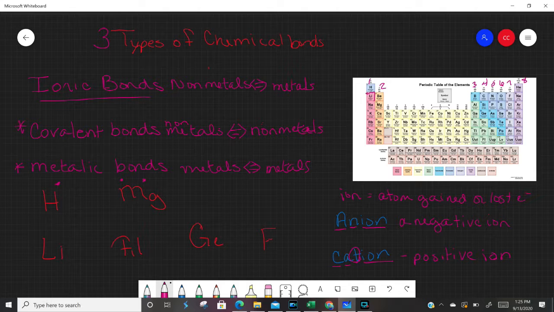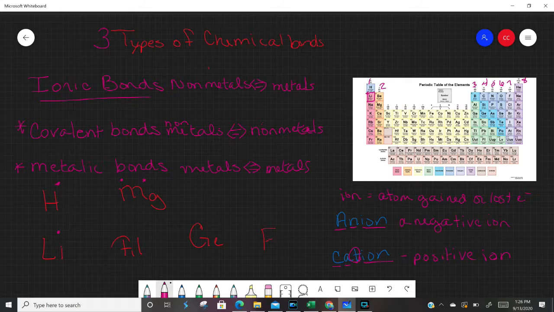So lithium, where was lithium? It's in group 1, so it has one valence electron. It has a similar reactivity as hydrogen or sodium, because everything in that group has one valence electron.